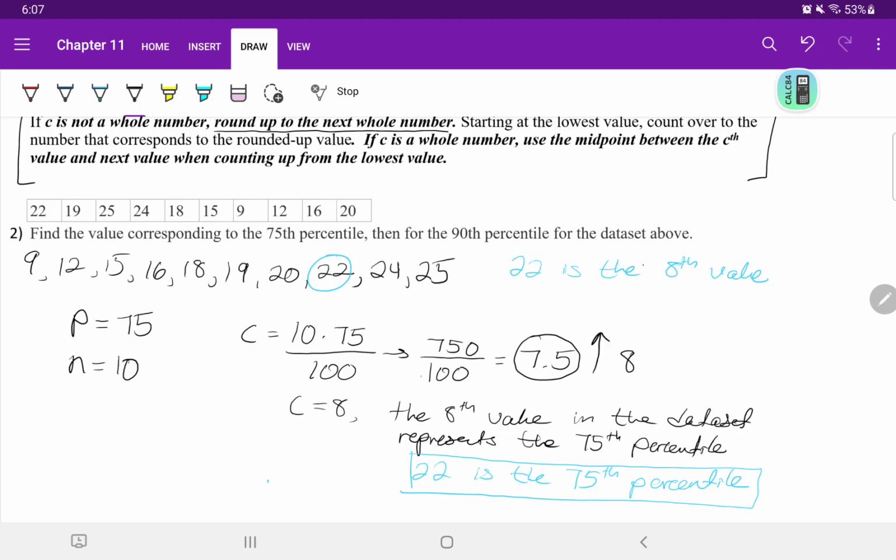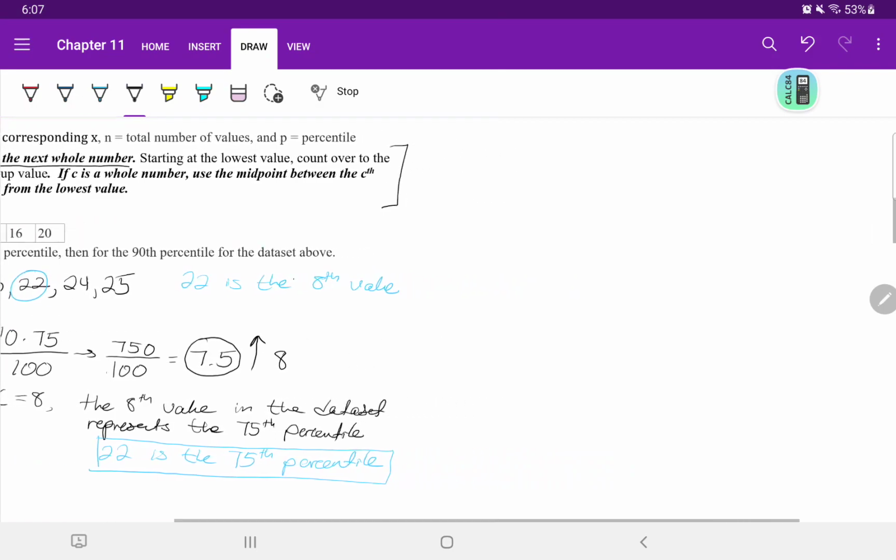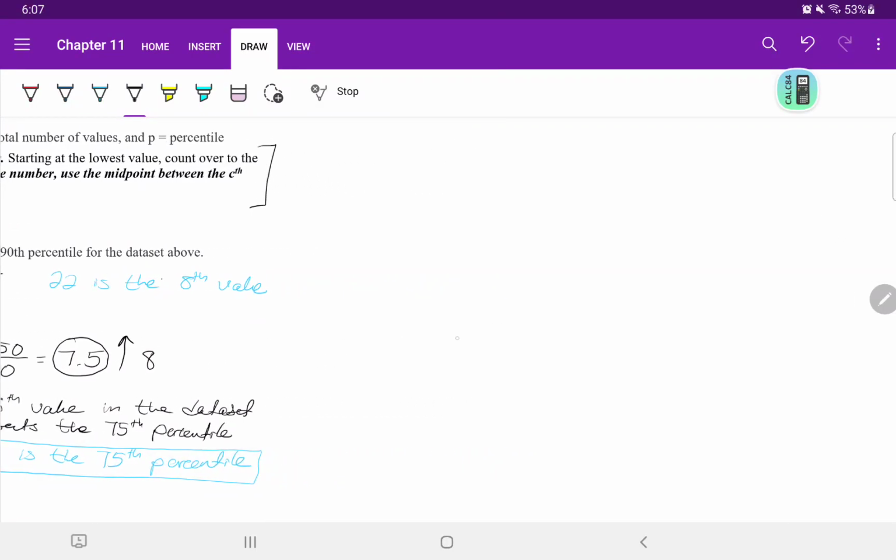Let's now find which data value represents the 90th percentile. So, for the next problem, I'm going to go over to the right side of the screen. In this case, P is 90 for the 90th percentile. We still have 10 data values in the data set. Let's calculate the value that will represent the 90th percentile.